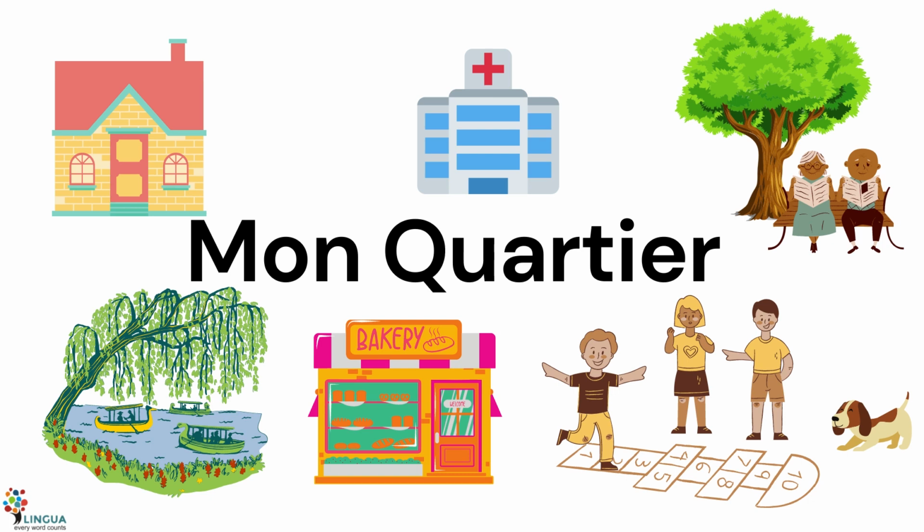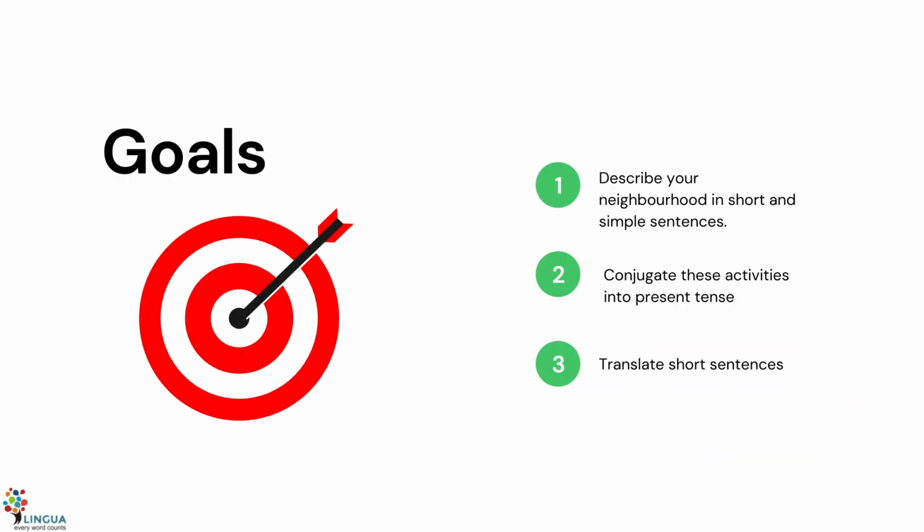So today we're going to be looking at my neighborhood, Mon Quartier, and we're going to learn how to describe it in short, simple sentences. Once again, we're just going to use the present tense, and conjugate these activities into the present tense.